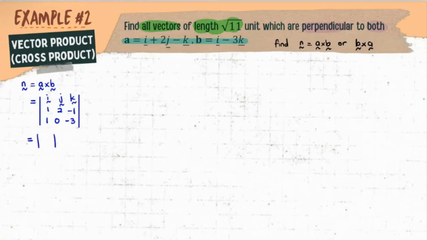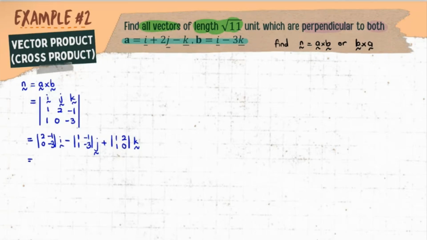Buat bracket I tolak bracket J tambah bracket K. So kalau tutup I tinggal 2, negatif 1, 0, negatif 3. Okay, bila tutup J ada 1, negatif 1, 1, negatif 3. Bila tutup K 1, 2, 1, 0.